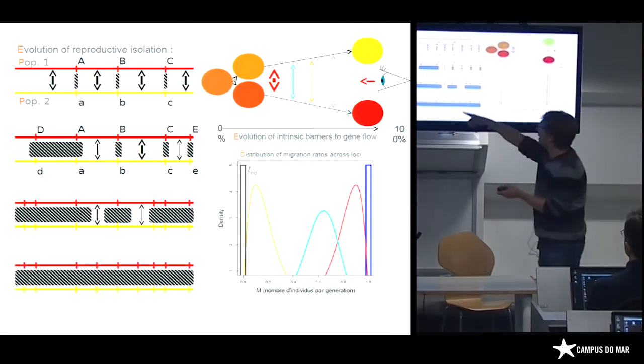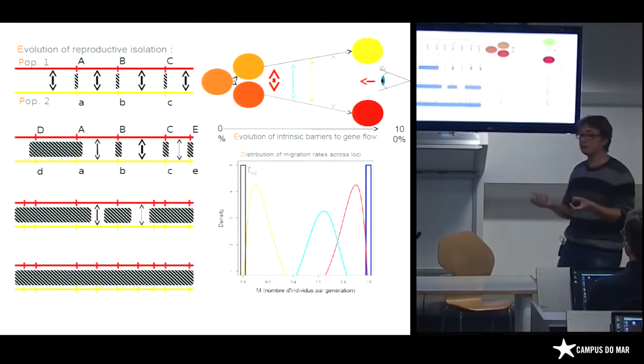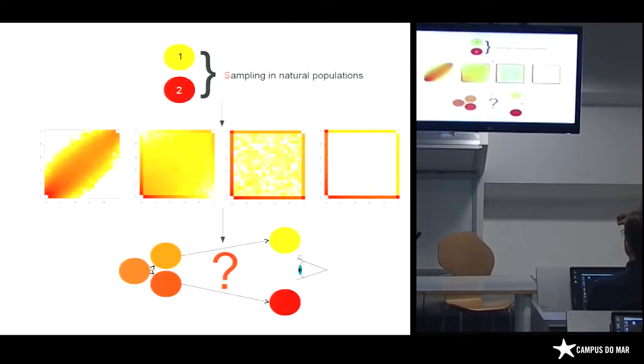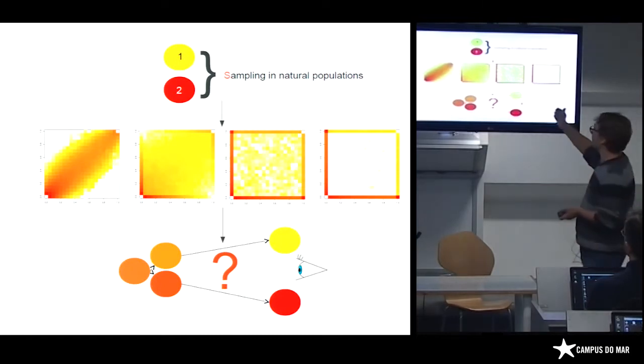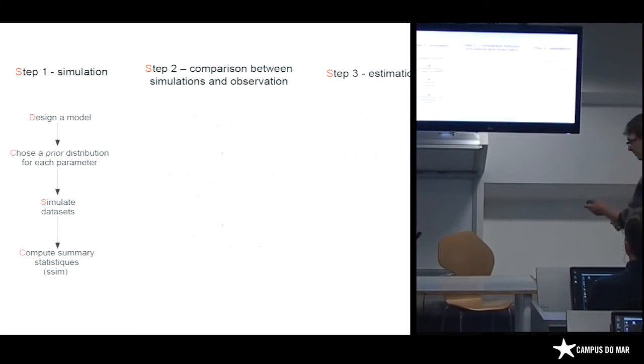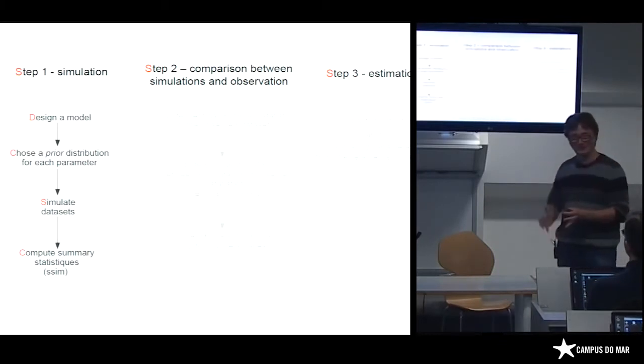And at the end you have homogeneously low gene flow. So can we discriminate between these models? We use genetic data to evaluate different models on the basis of the joint SFS observed in the data and the joint SFS simulated under different kinds of scenarios. Okay, so this was the introduction.